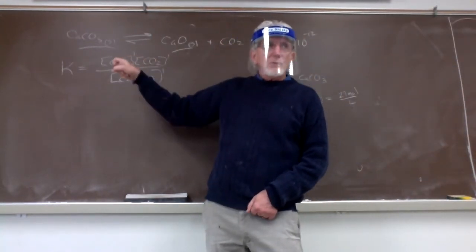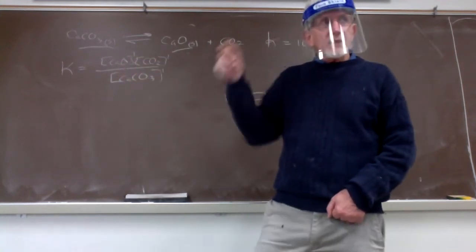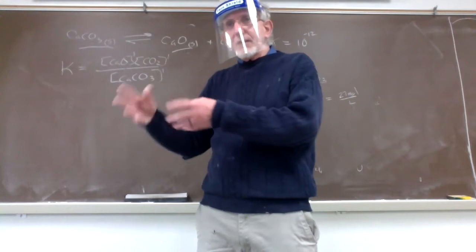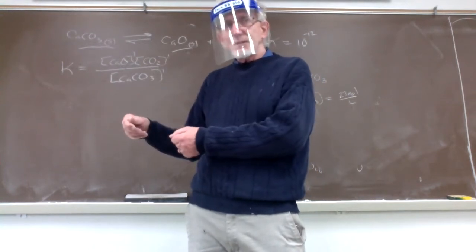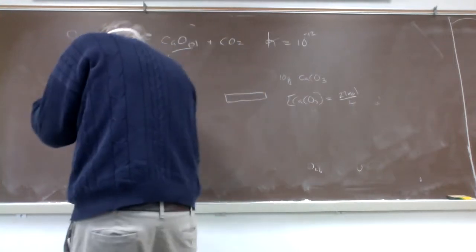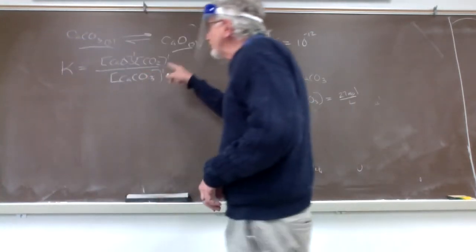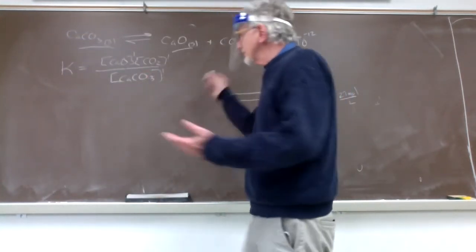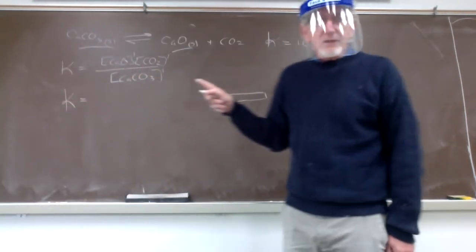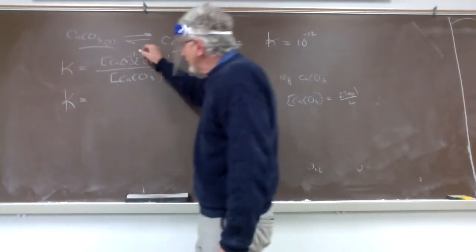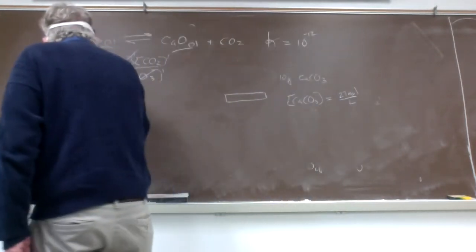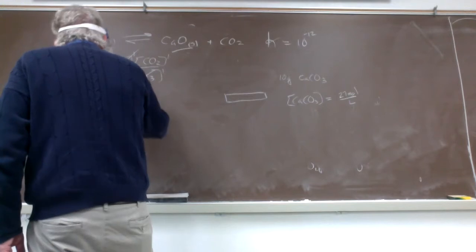We only include into the equilibrium constant those reactants and products whose concentration will change as the amount of them in the reaction changes. Another example, pure water. So we don't include pure solids or pure liquids. Let's go ahead and write this out. So the true form of this equilibrium constant is going to be eliminating the pure solids, and it'll end up being that.